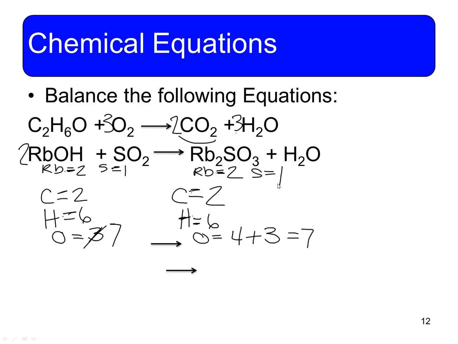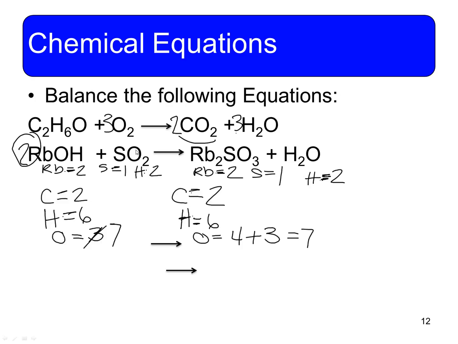Now we'll move to our hydrogens. Okay, how many hydrogens do we have on the reactant side? 2. Don't forget about your coefficient there. 2. And we have 2 on the product side. Okay. And oxygens, we have 2 times 1, so we have 2.